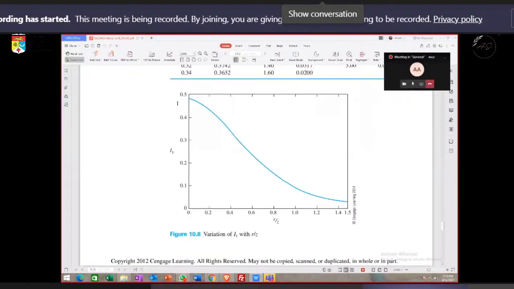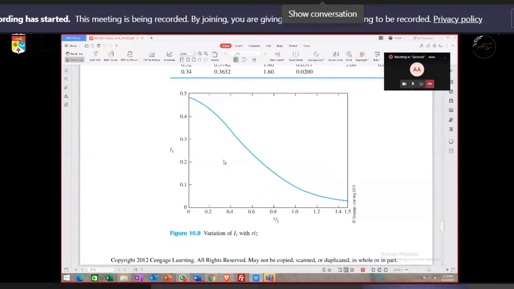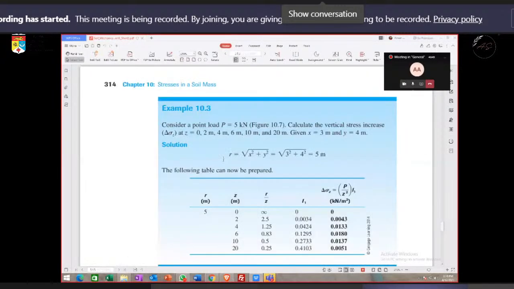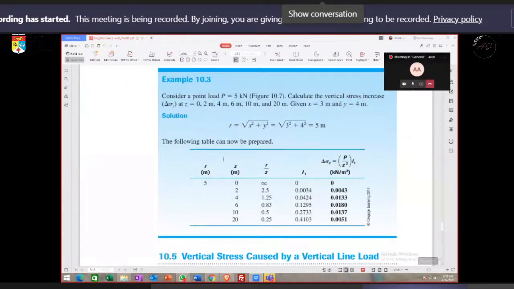And also we can use this figure to calculate the increase in stress due to the point load. Okay, so the example given, I think it would be straightforward. If you read it, I believe that you can figure out how to calculate it.